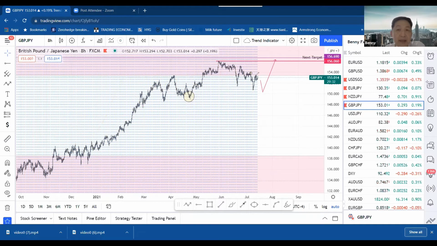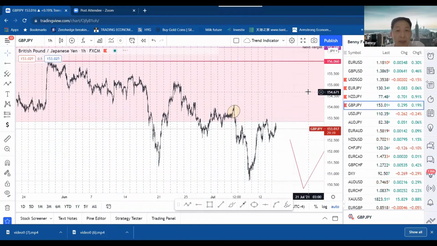But again, the same thing, since the price is here, can I look to sell here and take my profit here and then go for long again? Yes, we can if there's good enough risk reward. So let's take a look at the 1 hour time frame and see. In the 1 hour time frame, we can see that it is in a downtrend.